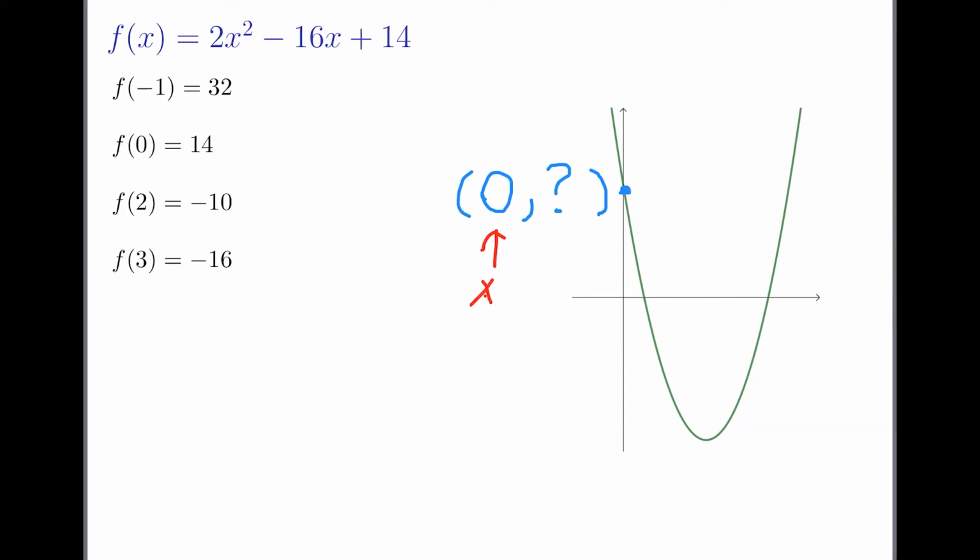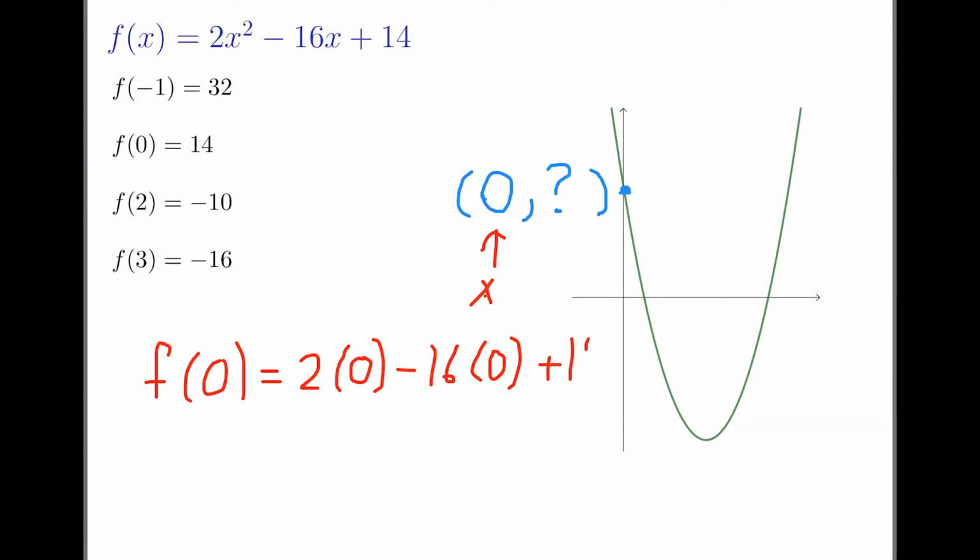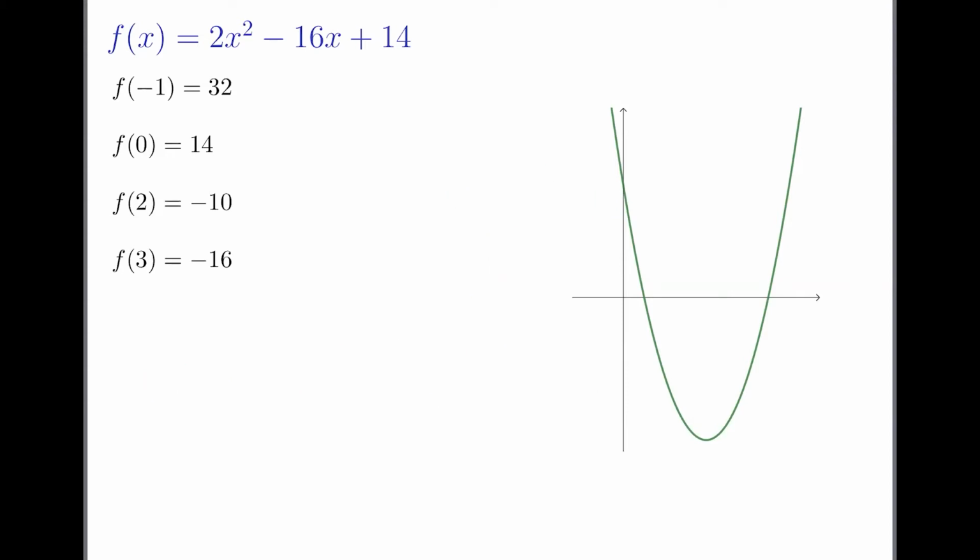So f of 0 is equal to 2 times 0 squared minus 16 times 0 plus 14. The first two terms basically aren't there, and we're just left with plus 14. So this point up here is the point x equals 0, y equals 14.